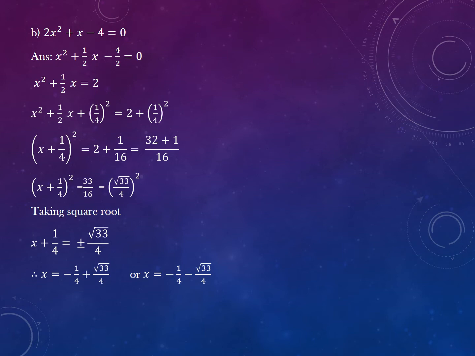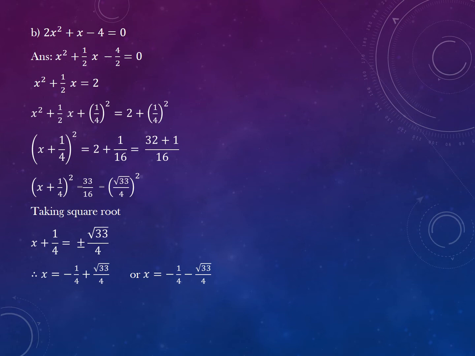So the small rearranging is given. It is (x + 1/4)² = (√33/4)². Taking square root, it is x + 1/4 = ± √33/4.